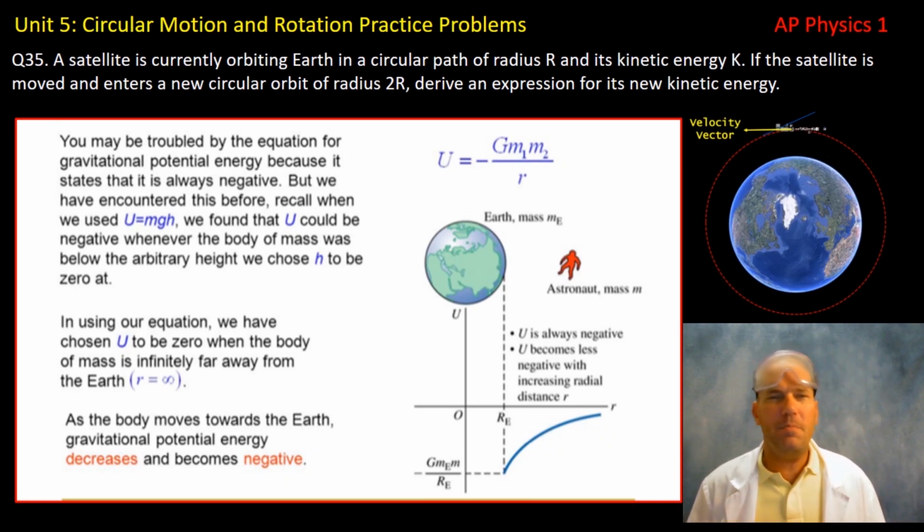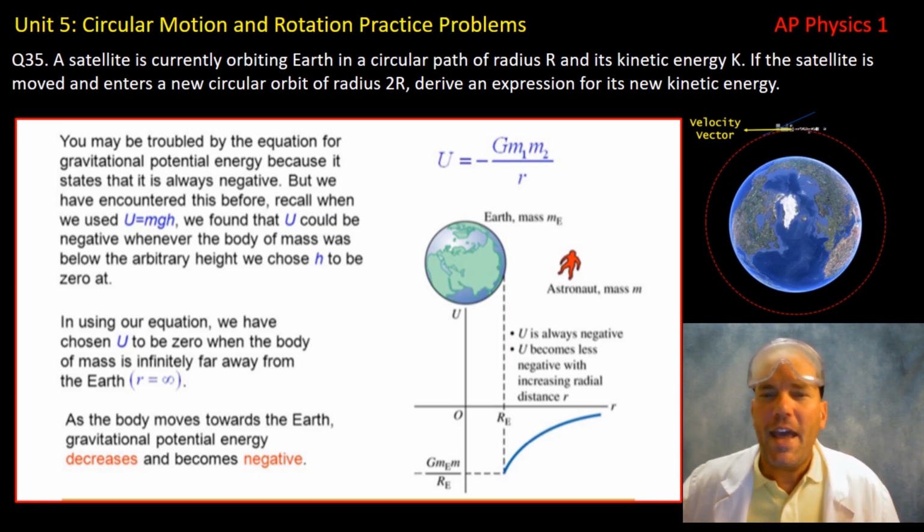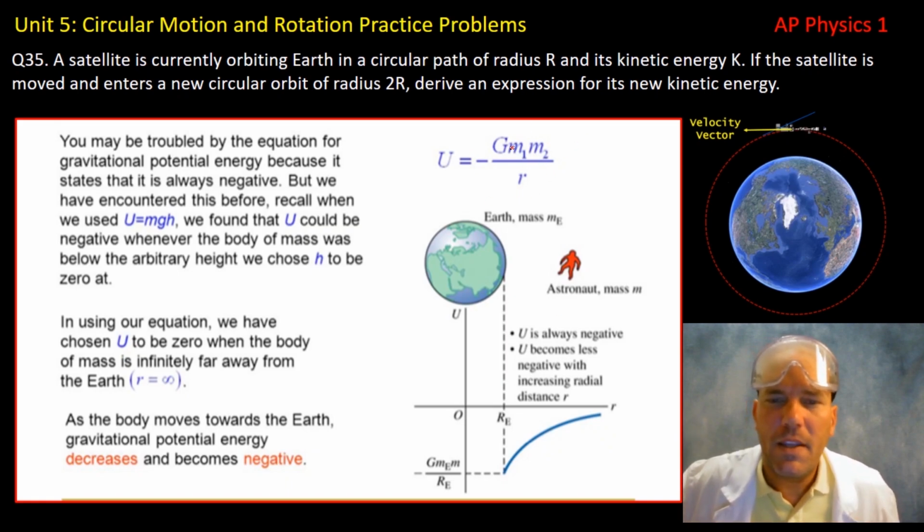So this is very important here. In the problem set, I've shown how we end up with the fact that r in the denominator is no longer squared. That is very, very, very important here.